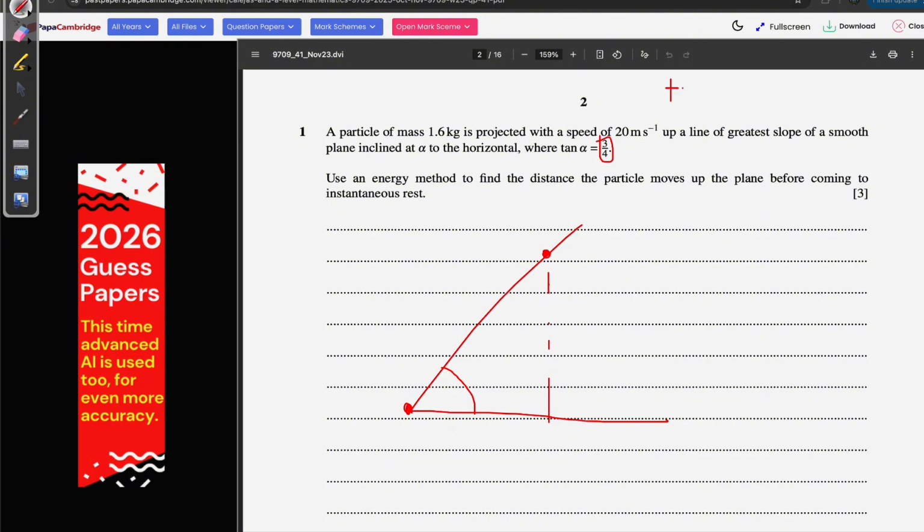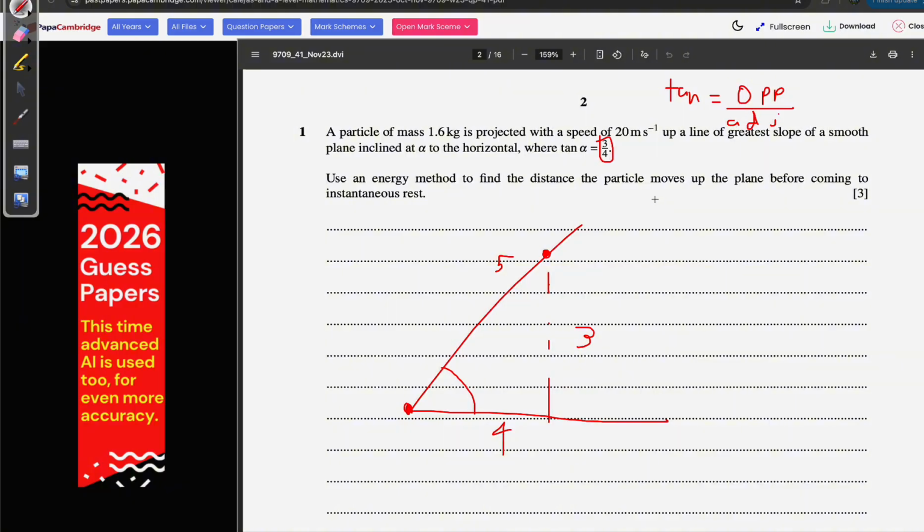Tan is equal to opposite over adjacent. So opposite would be here 3, and here we would have 4, and then we can do the Pythagorean theorem to find the hypotenuse in this case, which is 5. Good stuff.